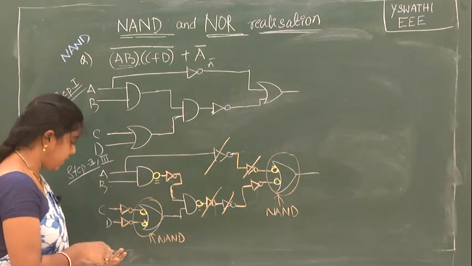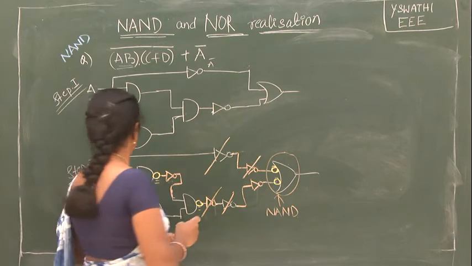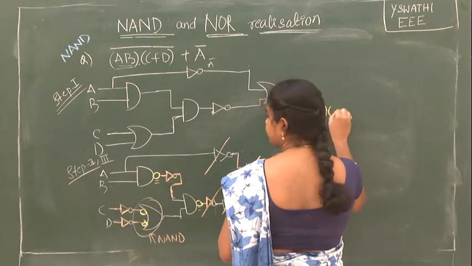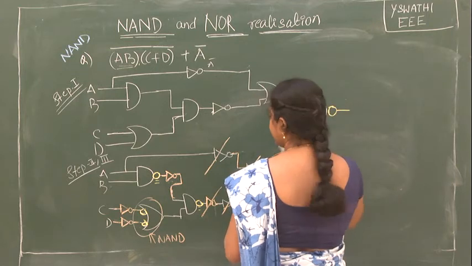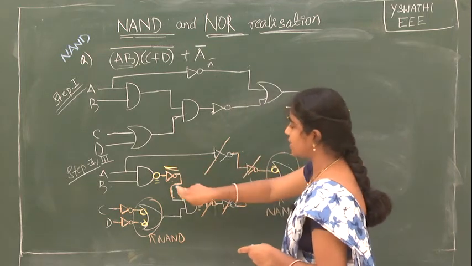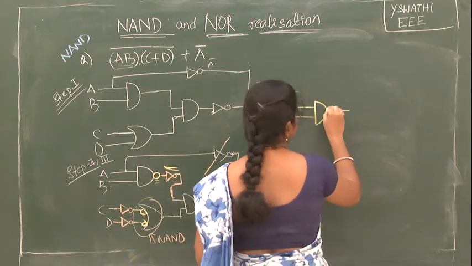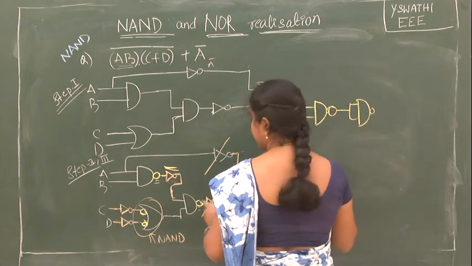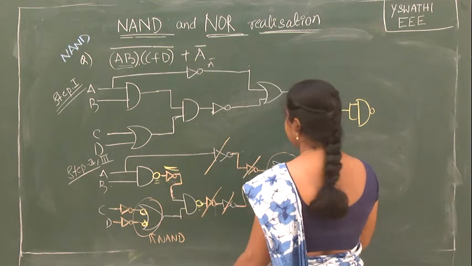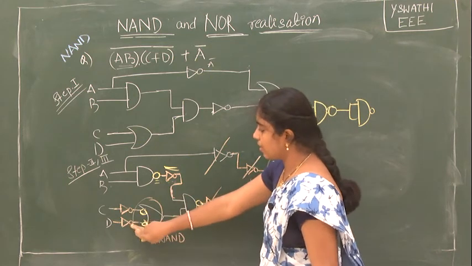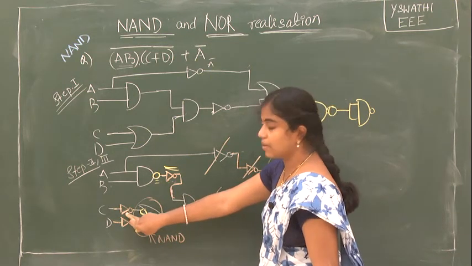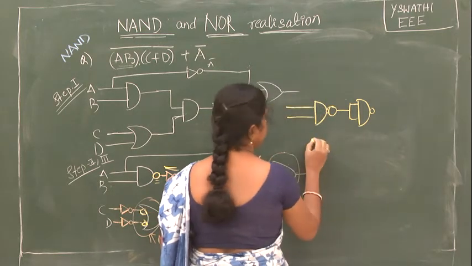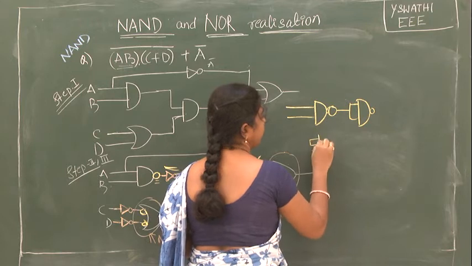So by rewriting the given expression, we can write A, B are ANDed, and it is inverted. An inverter can be replaced with the same input NAND gate. So, NAND gate. And here, these two are representing the NAND gates because the inputs are inverted, which means the inputs can be written like this.